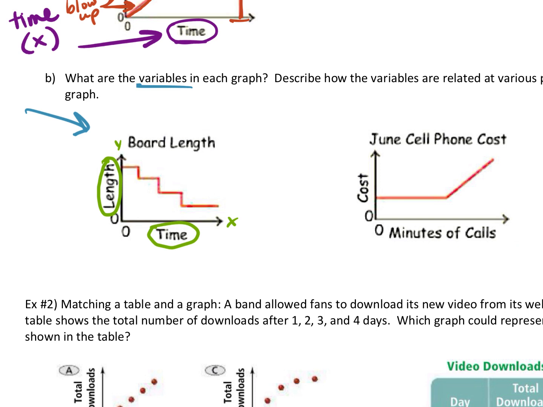So if we're talking about the length of a board, maybe it's like a 2x4. You have this 2x4. If we're talking about the length here, is the length changing on this first little horizontal? No. The length stays the same, time is passing, okay? What's happening here? The vertical. It got immediately shorter, right?